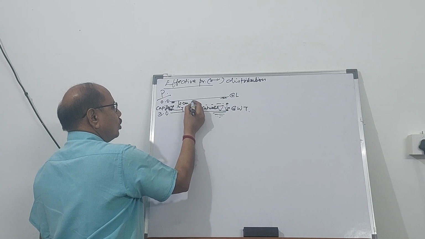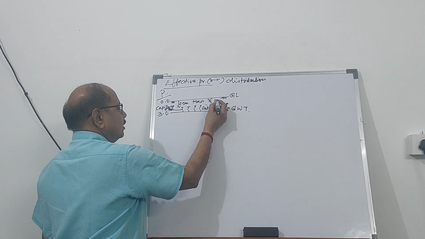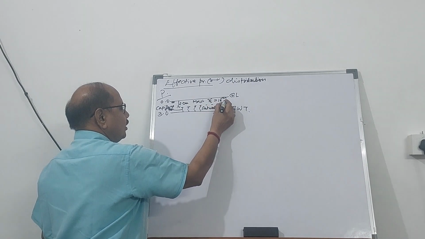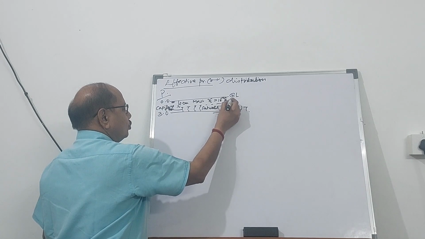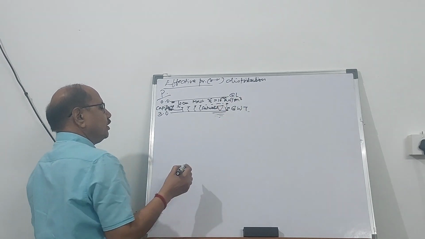This is dry or moist condition, and gamma T is given to you as 16 kilonewton per meter cube.